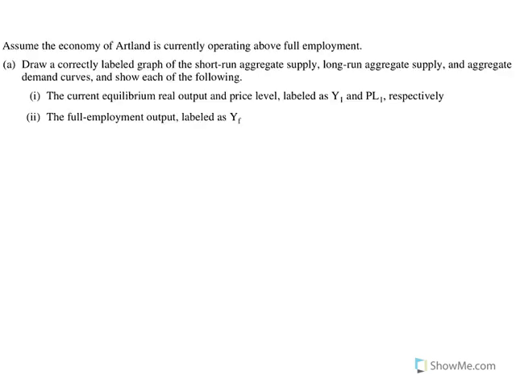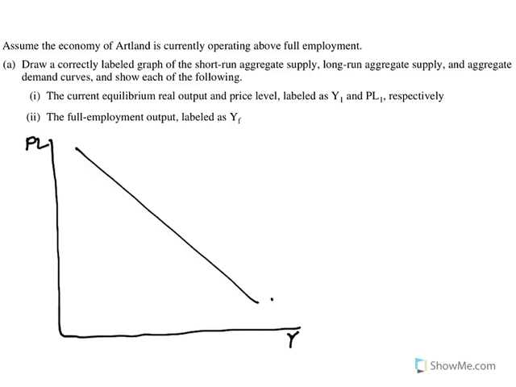The long question, just like any other AP Macro FRQ section, begins with economic stabilization. It says, assume the economy of our land is currently operating above full employment, so we have to draw the AD-AS model to show that. Here we go. We've got our axes, Y and PL, and then aggregate demand, short-run aggregate supply.